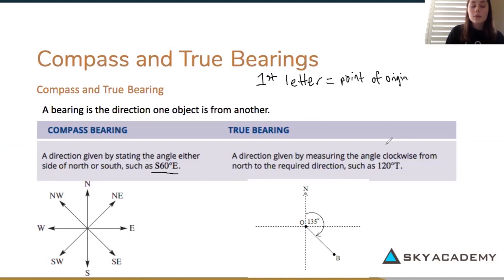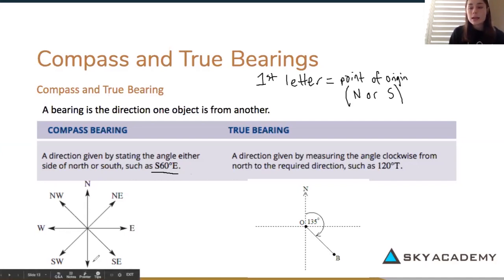And in compass bearings, you have 2 points of origin. You have north or south. And so the first letter is always going to be N or S, indicating north or south. So I know that I'm down here in south.